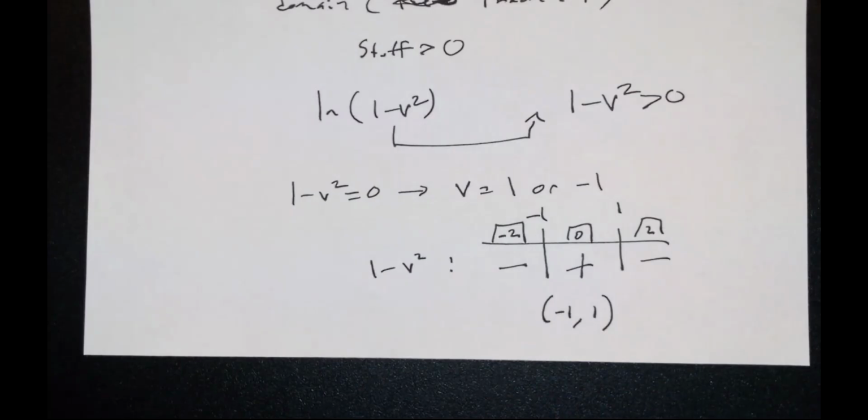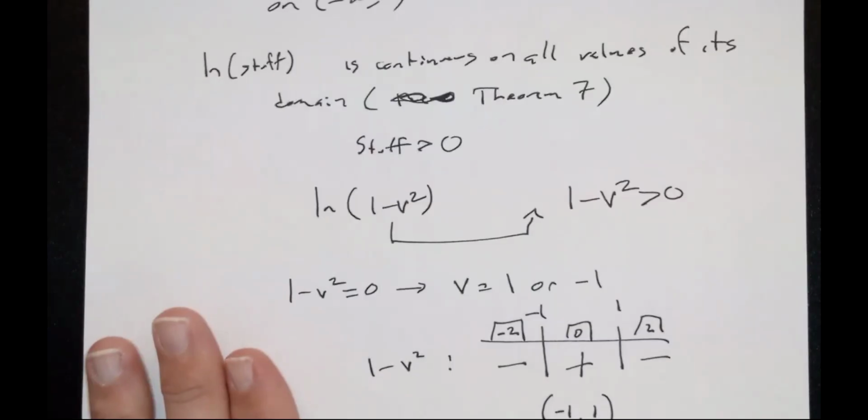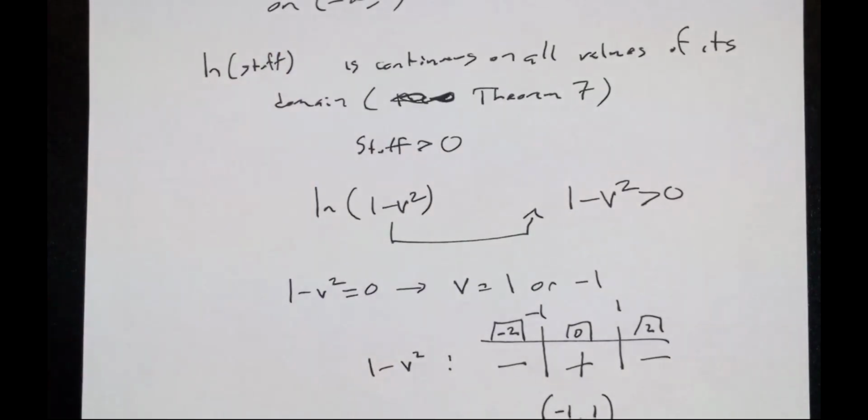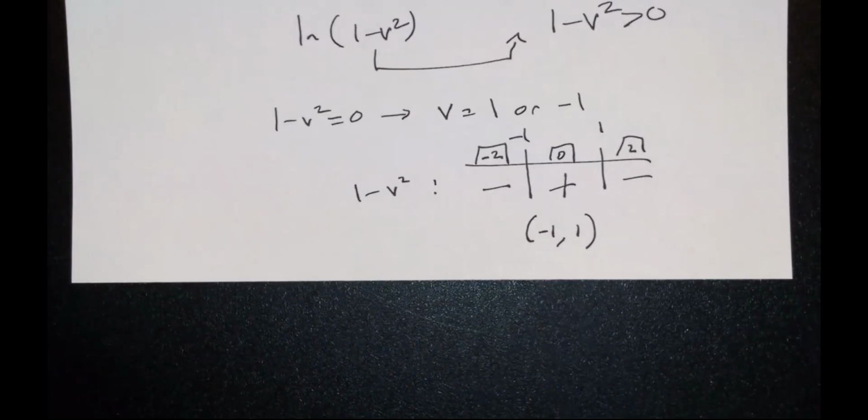Now, the rule we had up there, theorem 7 said logs are defined on their domain. The domain is where the thing inside is positive. That's this spot. That's really theorem 9, because theorem 9 says if you have one function inside another, you need to use the restrictions from the inside to tell you about the outside.